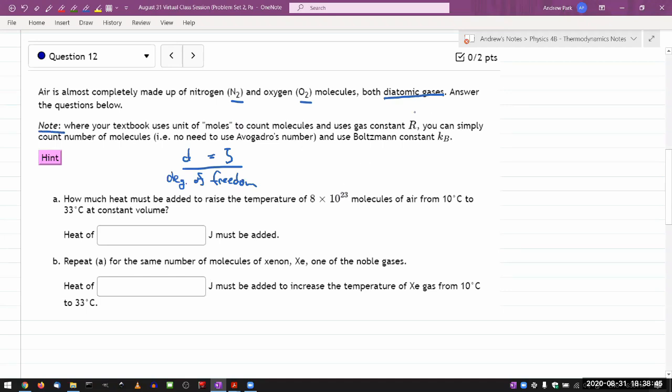Now, I think a hint gets into this, or I guess I have this note here. In this class, I'm trying to avoid using moles and Avogadro's number. So let me show you how you can get from the equations that are in your textbook to the equation that you should be using for the way I write the questions in this class.